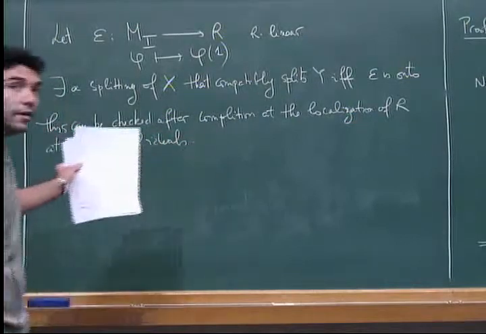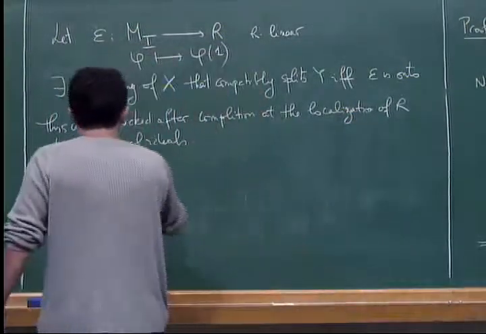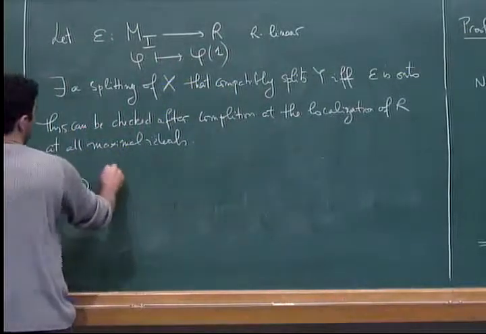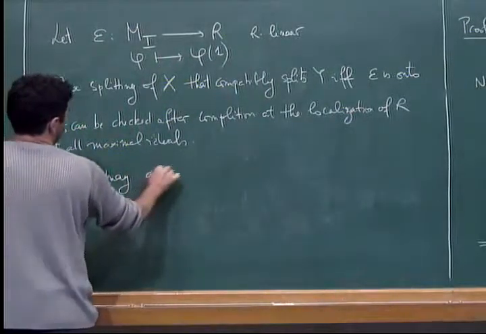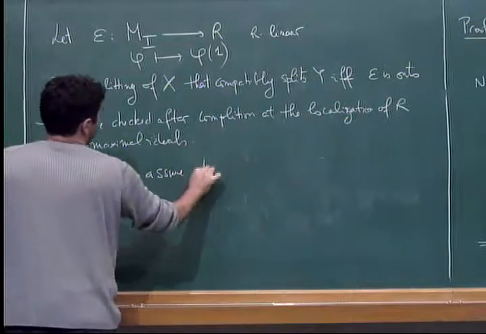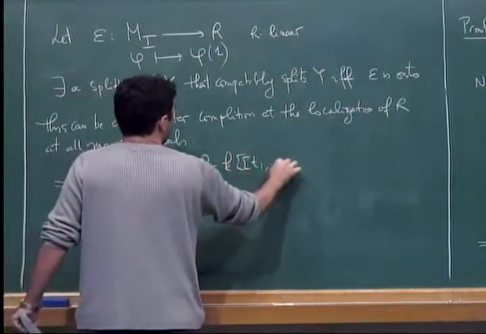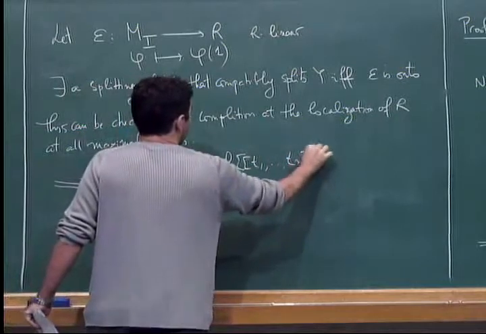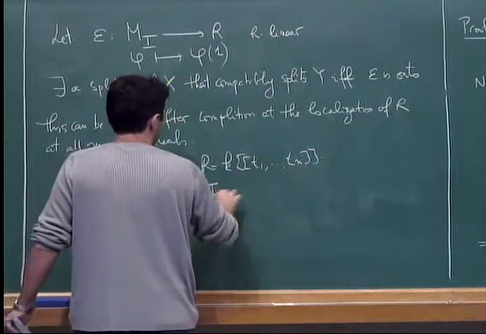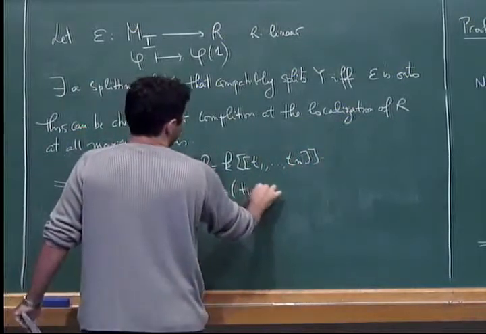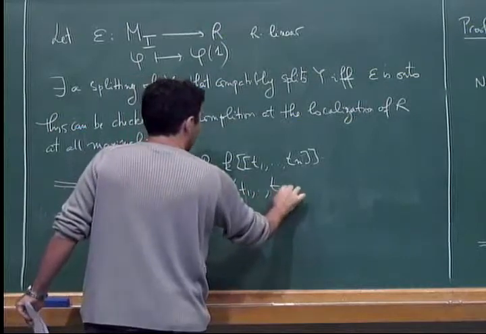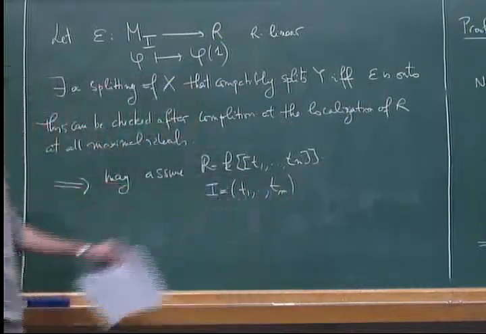But R is assumed to be smooth, so we may assume that R is a power series ring and I is given by the vanishing of, say, the first coordinate.